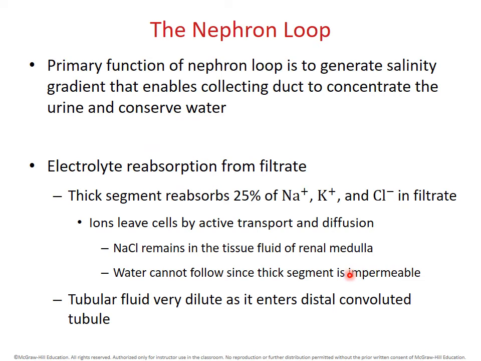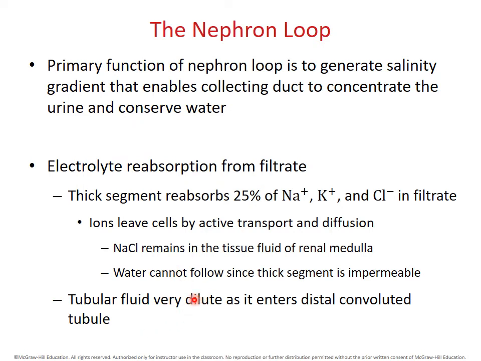but not the water. And so what happens is the tubular fluid, by the time it gets down to the very bottom or tip of the loop of Henle, is very dilute because we've pumped so much salt out of it, but we haven't lost any of the water. So it's a very dilute watery solution.